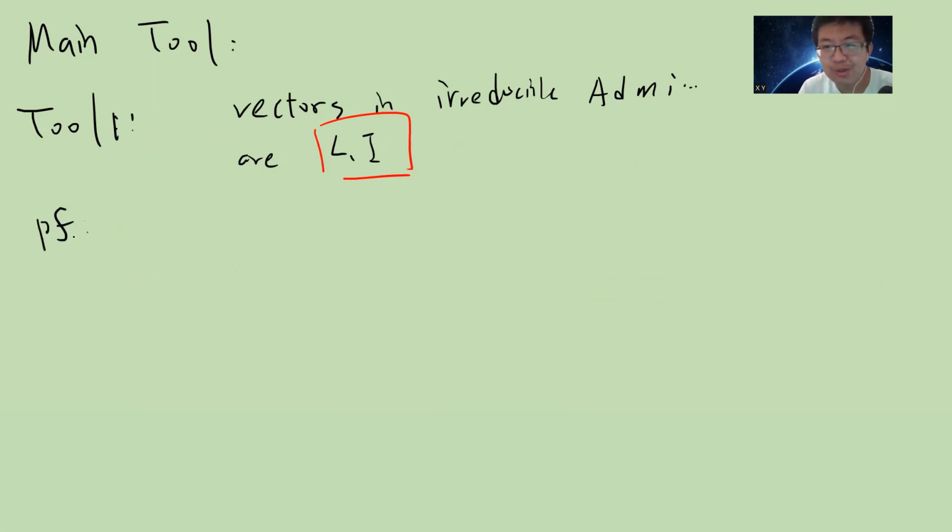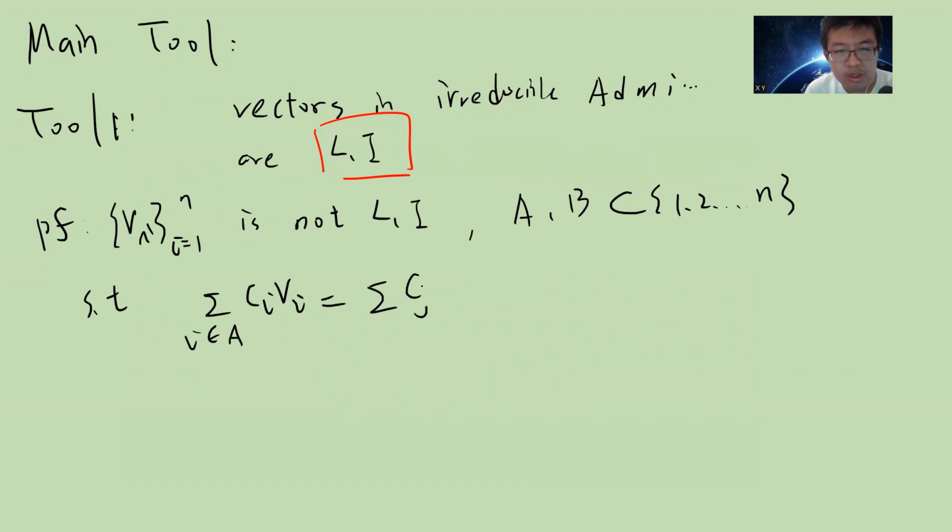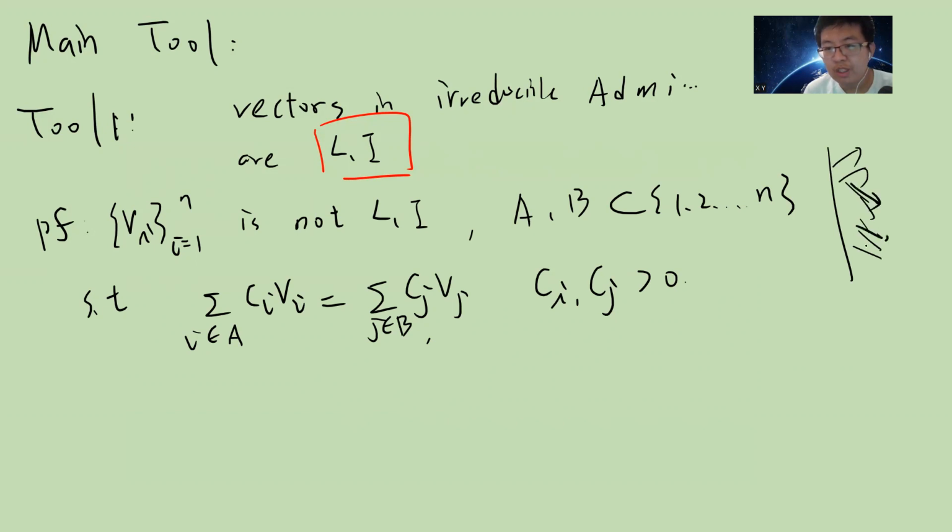Why is this true? It's very interesting. The idea is that suppose these are Phi_i for i from 1 to n, and they are not linearly independent. Since they are all on some positive half plane, you can separate them. There are disjoint subsets A and B of 1 to n such that the summation of c_i v_i for i in A is the same as the summation of c_j v_j for j in B, and all the c_i, c_j are positive.